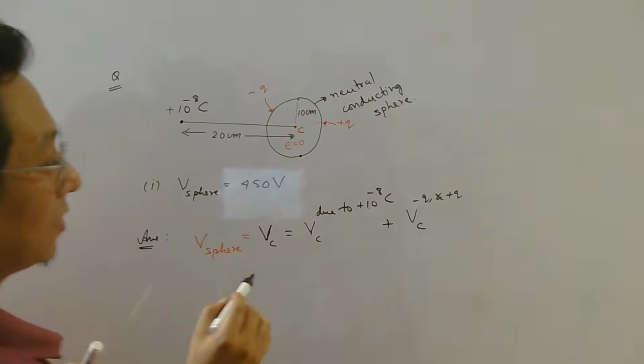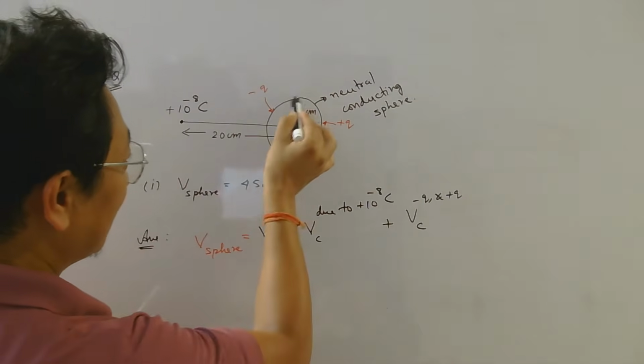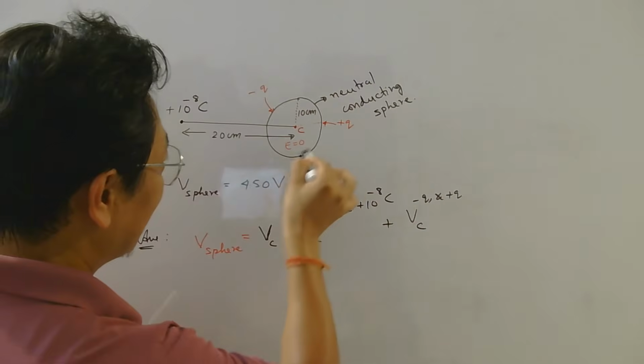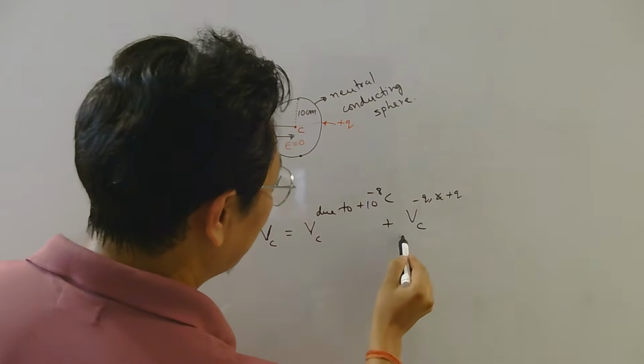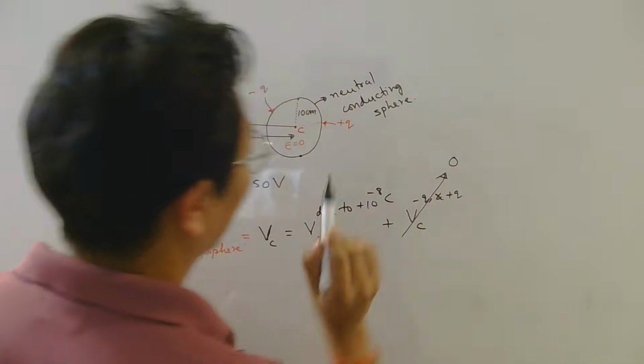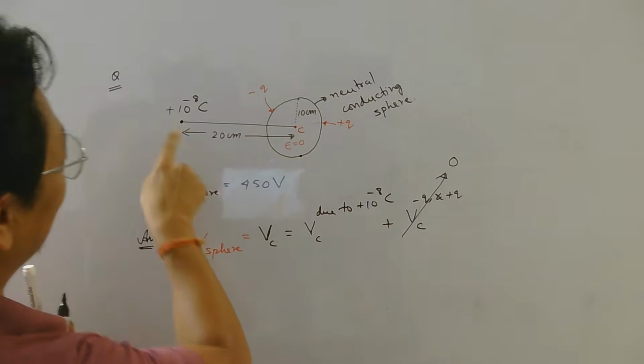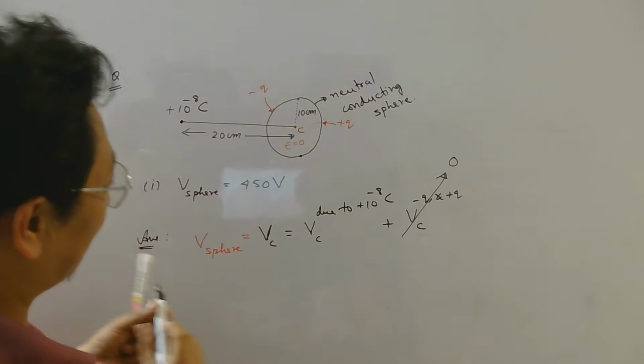But we already discussed in the concept that since the total charge on the sphere is 0, due to the charges on the sphere the potential at the center will be 0. So since this part is 0, we need to only calculate the potential due to this point charge at the center.